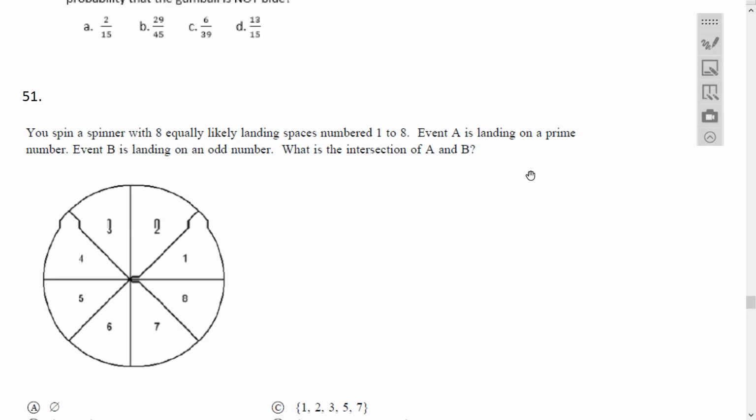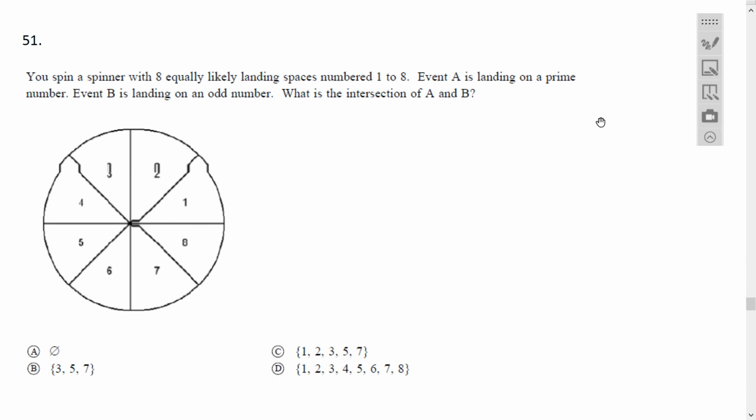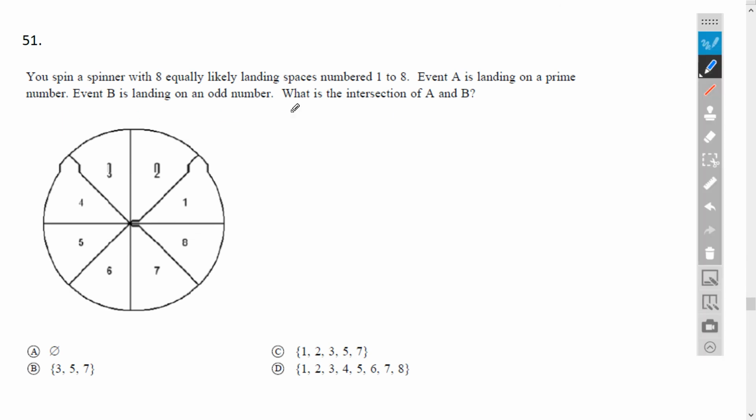Number 51. You spin a spinner with 8 equally likely landing spaces, numbered 1 through 8. Event A is landing on a prime number. Okay, so event A is a prime number. Well, let's get a list of prime numbers here, just so I don't accidentally include one I'm not supposed to.